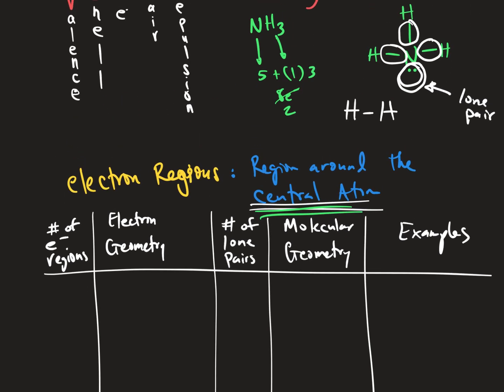The hydrogen molecule, we only have one region of electrons right there. What shape is that? Looks like a line, right? Just a straight line. It's linear. So if it's one region, it's always linear. There's no differences in electron geometry, molecular geometry, it's all the same, okay?